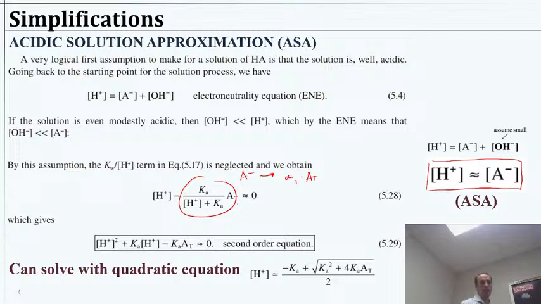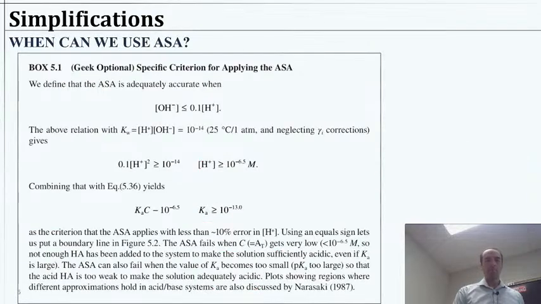If we multiply everything by H plus, this will become H plus squared, and we can get the other terms simplified as well. Okay. With that, we can solve with a quadratic equation, which is relatively convenient. We've learned that some time ago. All right, I was a little ahead of myself with the Ka assumptions, but we'll come back to that.